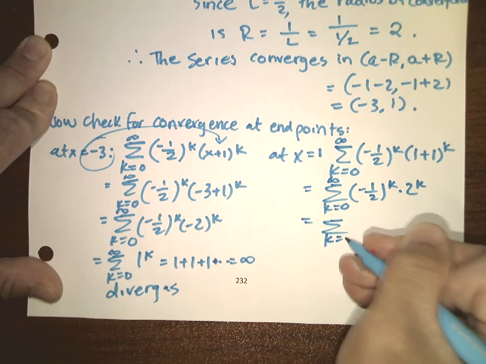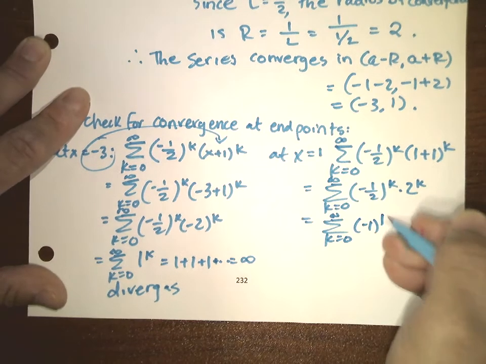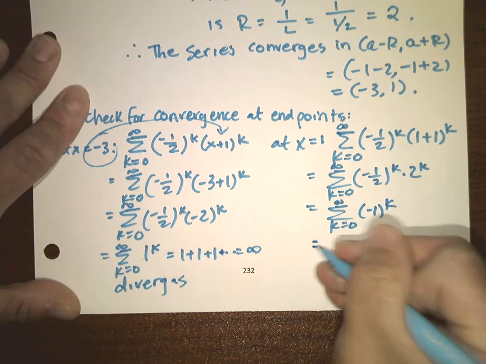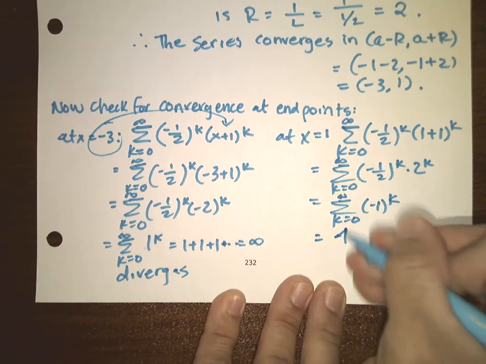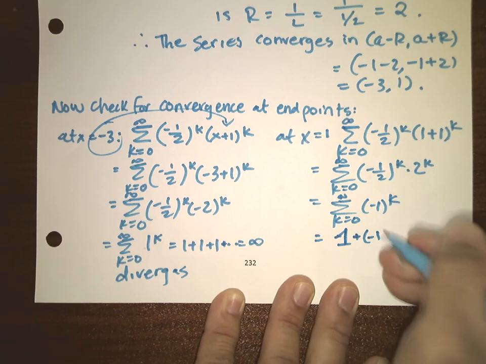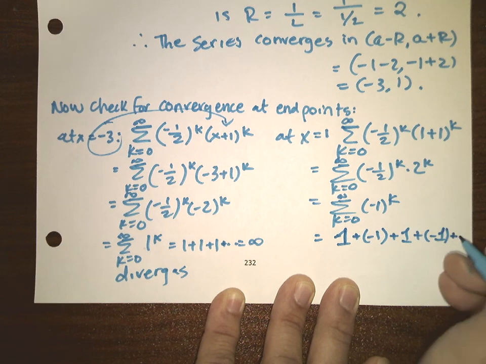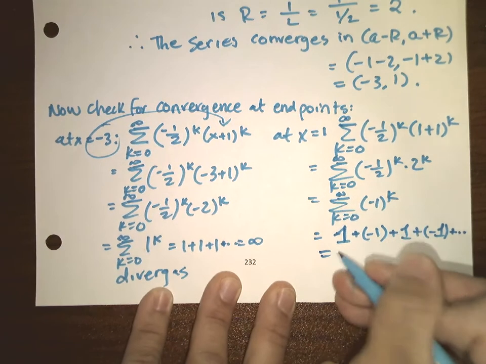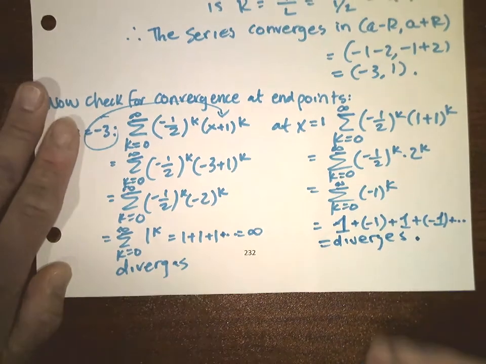If I multiply those together, it's (-1) to the k. So we see it's 1 plus -1 plus 1 plus -1, and so on. So we see that this one also diverges.